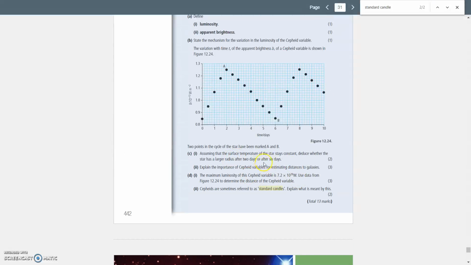So it's important to read up on what astronomy is, not just what the formulas are, because formulas were only worth 3 out of the 13 in this question, and the rest was more conceptual understanding.